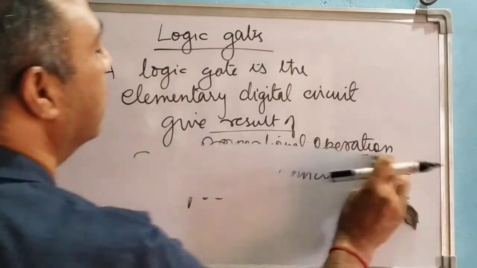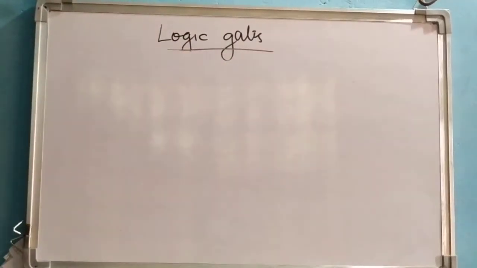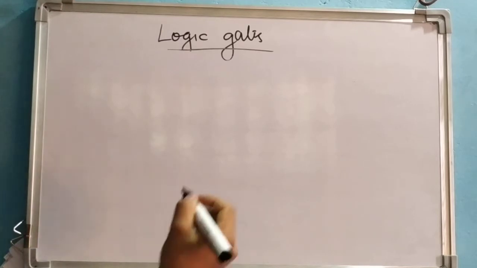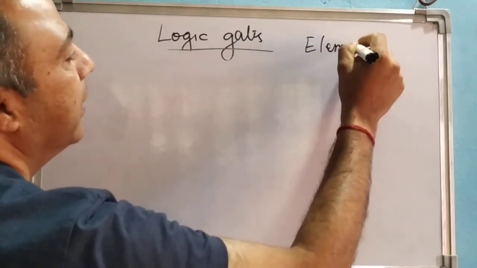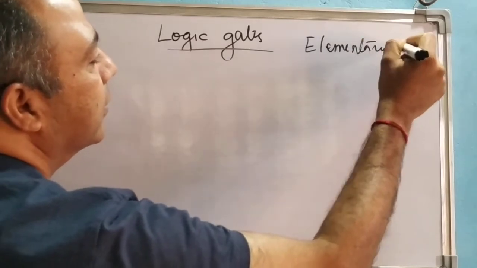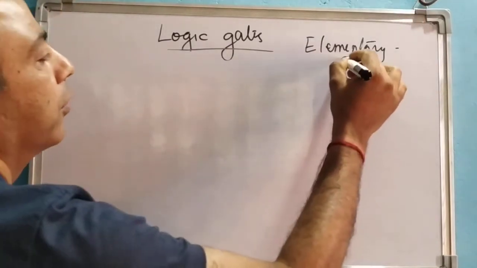Generally, logic gates can be classified into elementary logic gates, under which come AND, OR, and NOT.